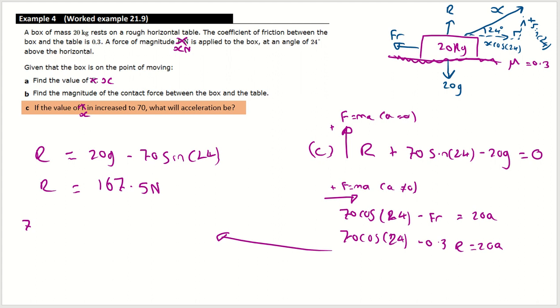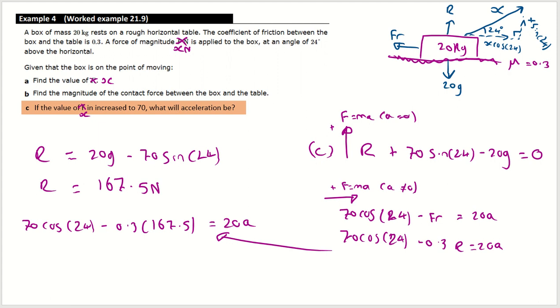So I'm going to have 70 cos 24 minus 0.3 and 167. I'm probably not going to use the 167.5. I'll just use the answer button in my calculator. Equals 20a. You could, if you want to, write down what you get for that left hand side. Oops, I pressed the wrong button now, so I'm going to have to use the 167.5 now.